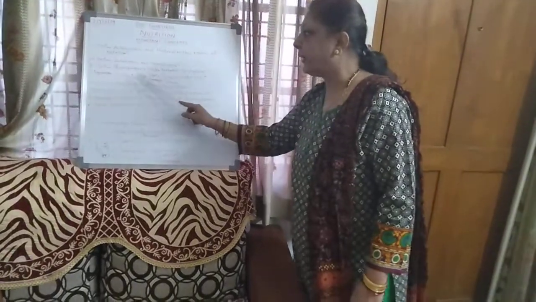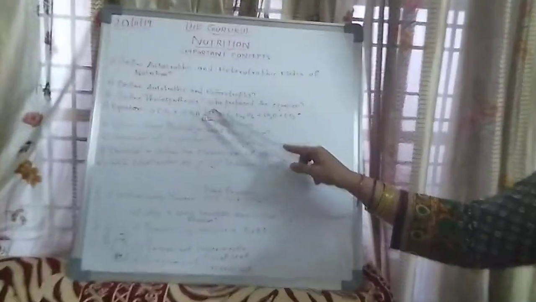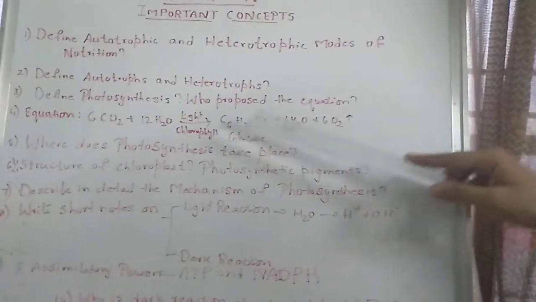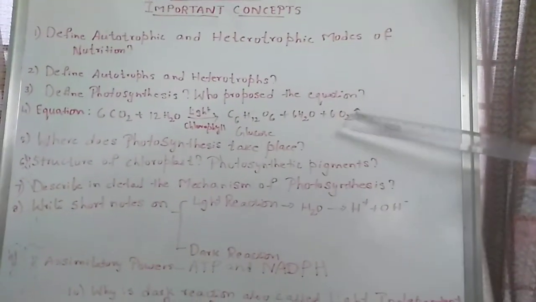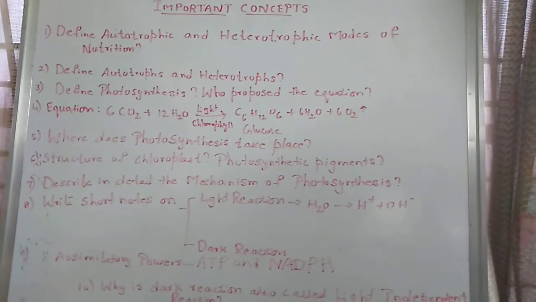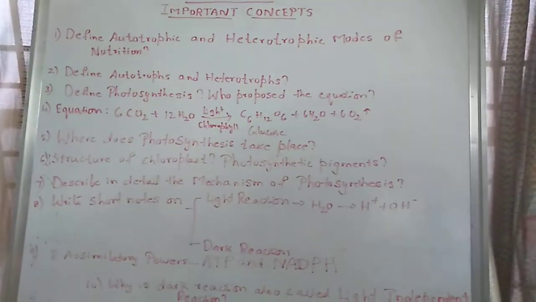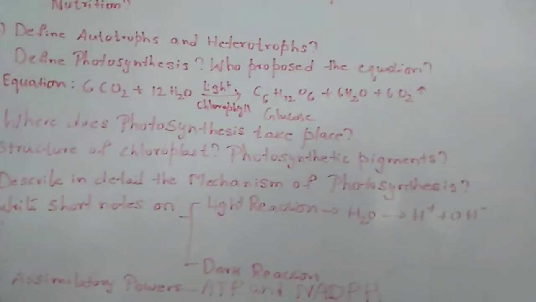Carbon dioxide reacts with water in the presence of light and chlorophyll and is reduced to glucose. Again water is released, again oxygen is released. So this is the equation for photosynthesis.